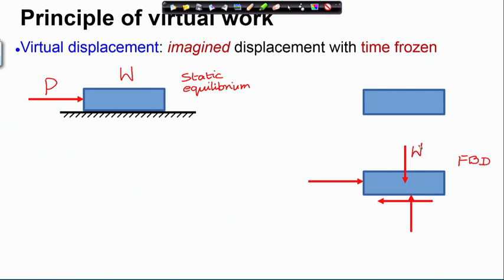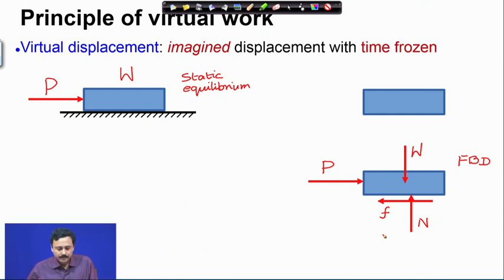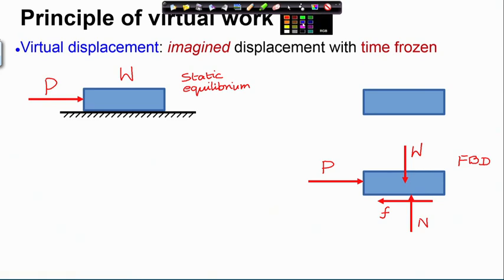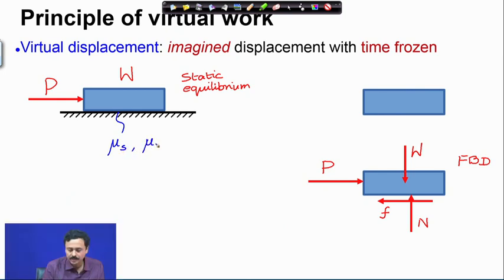You have the weight W, the applied force P, the normal reaction force from the ground N, and the friction force F. Through this example, I would demonstrate what is meant by virtual displacement. Since this surface is rough, we will assume the static friction coefficient and the kinetic friction coefficient mu s and mu k.